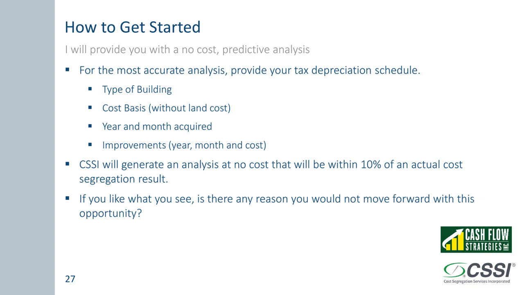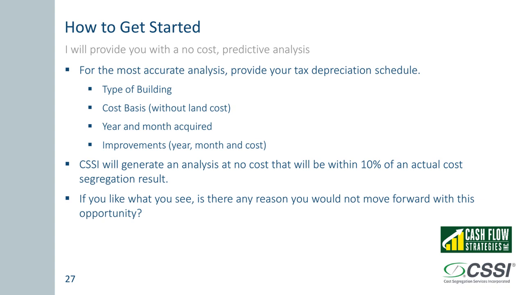So the best way to get started, I can provide you with a no-cost predictive analysis on any property perhaps you have listed. What I need for those buildings is, if they purchased it a number of years ago, their depreciation schedule would be great.